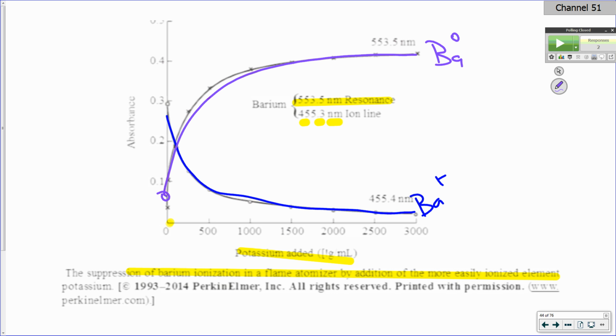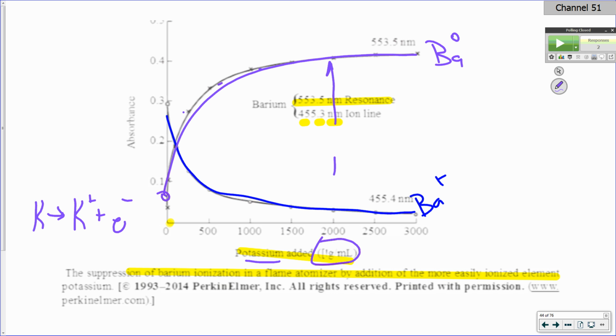But if I start adding more and more potassium, potassium is easily ionized to a potassium plus 1 cation. It's got a low first ionization energy, gives an electron off, and increases the concentration of electrons in the flame. I keep adding more until I get to about 2,000 parts per million, and 2,000 parts per million is not that much.